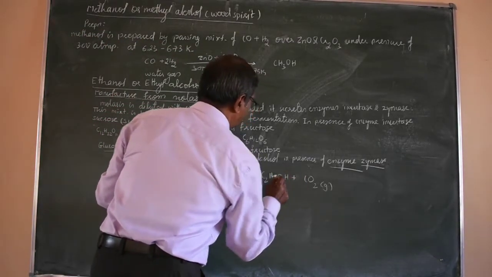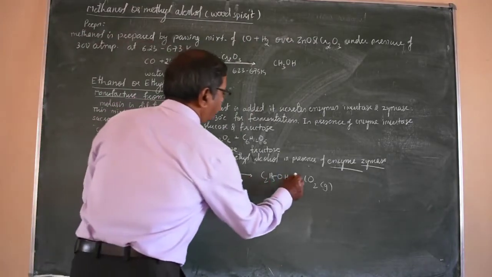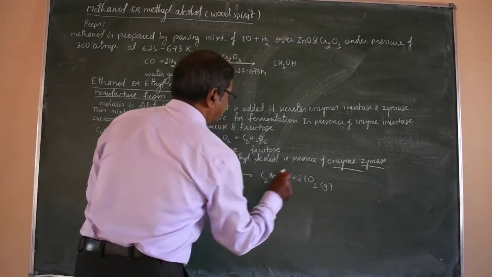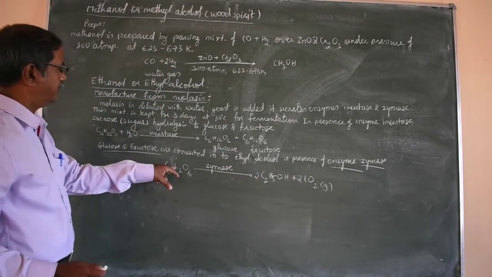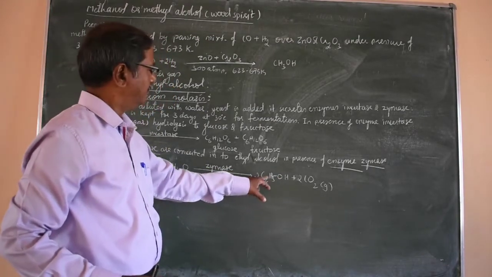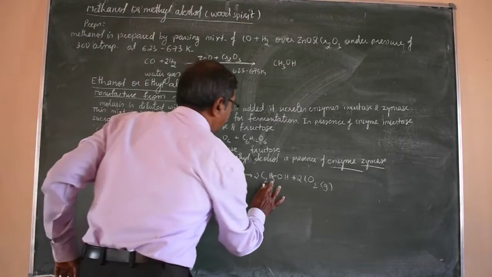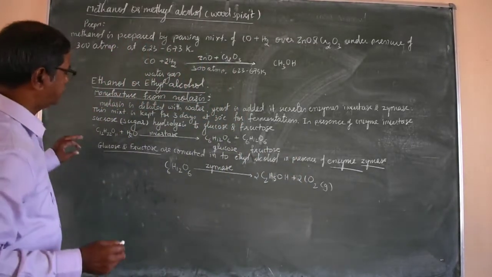See the proportion of hydrogen and oxygen. Here it must be 2 times, and here it is 2 times, because the number of hydrogen atoms is 12, so 6 into 2, 12. Number of carbon atoms are 4 and 2, it is 6.